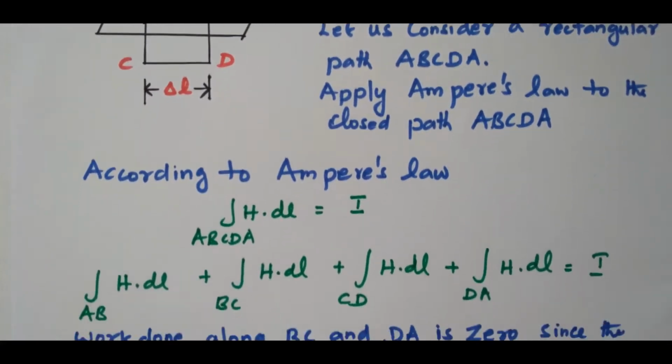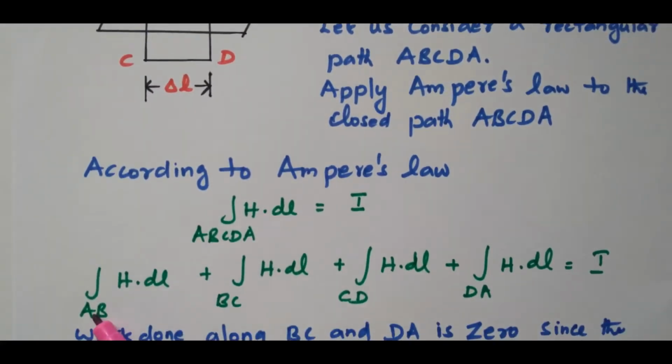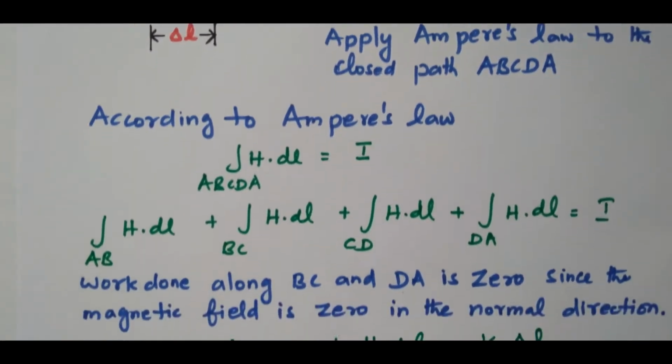Now that is split into four parts: A, B, B, C, C, D and D, A. So integral H dot dl for path A, B, integral H dot dl for path B, C, integral H dot dl for path C, D, and integral H dot dl for path D, A, equals I. What is the work done along these four paths?